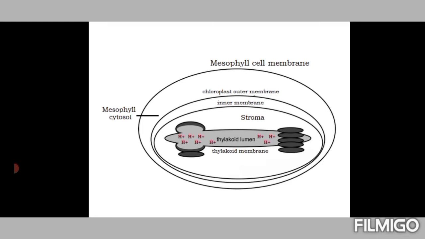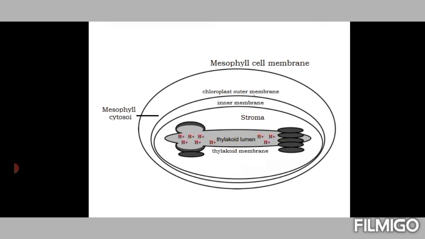As far as ATP synthesis is concerned, cyclic and non-cyclic photophosphorylation specifically lead to accumulation of H plus ions inside this thylakoid lumen. This will lead to ATP synthesis later, which we will discuss later. Whether it is cyclic or non-cyclic photophosphorylation, it leads to accumulation of H plus ions here.